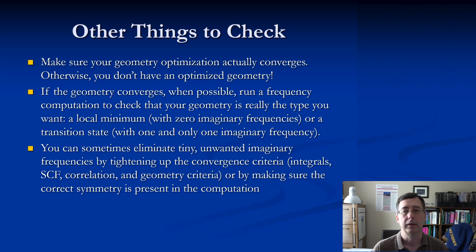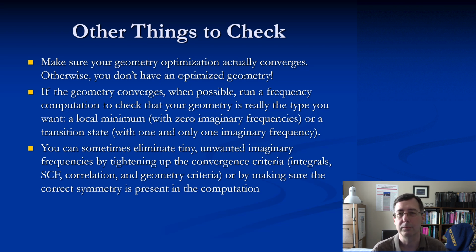Sometimes you can get very small imaginary frequencies, like imaginary 10 wave numbers, whereas you're expecting a 0 for that mode because it's supposed to be a translational mode or something. If that's the case, if it's a small enough number, you might just ignore it. But if it's a little bit bigger number, 10 or 20 or 40 wave numbers, that's a sign you're not quite there.